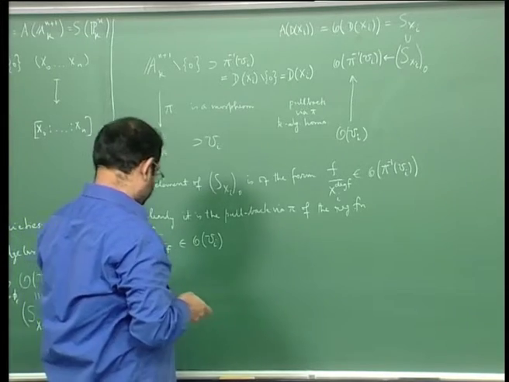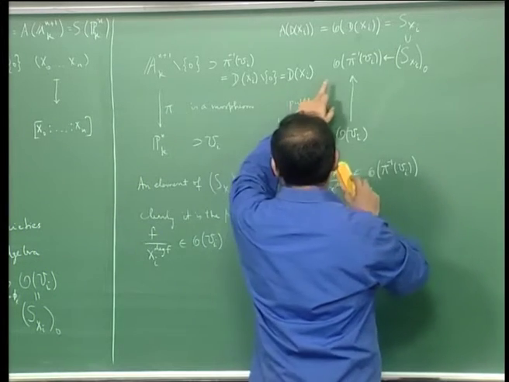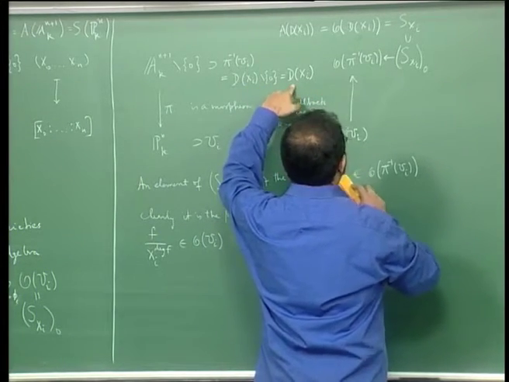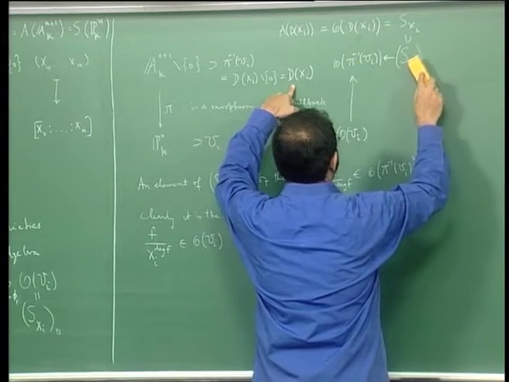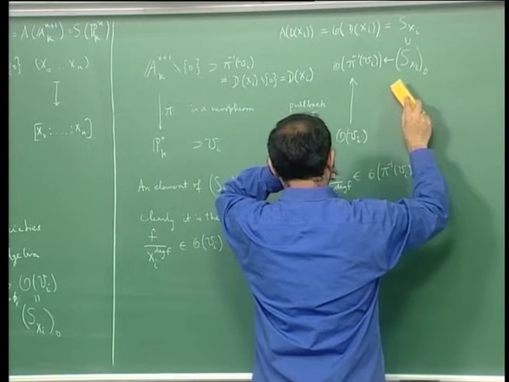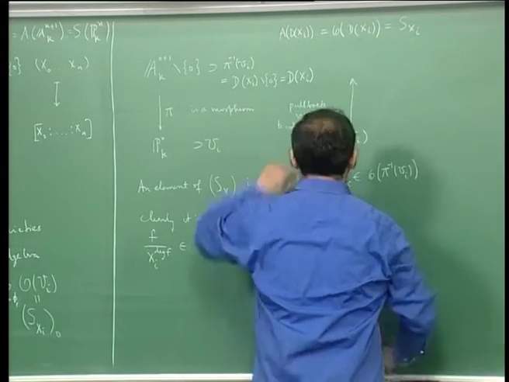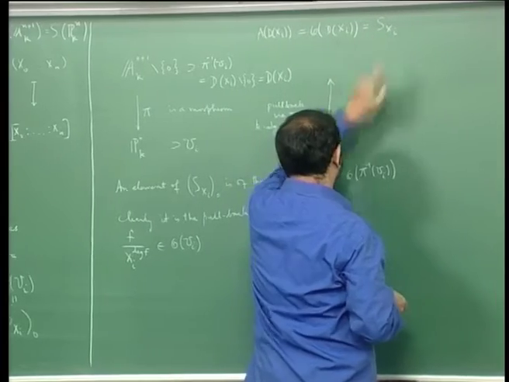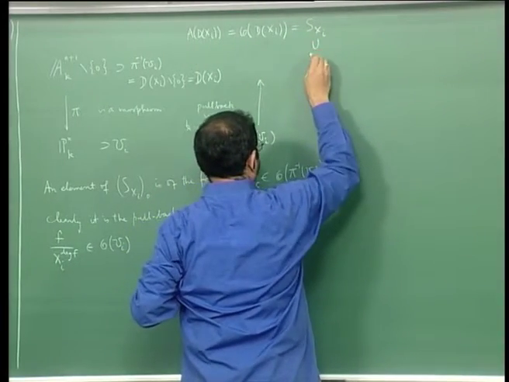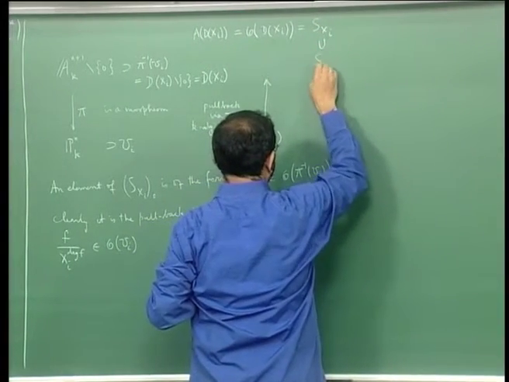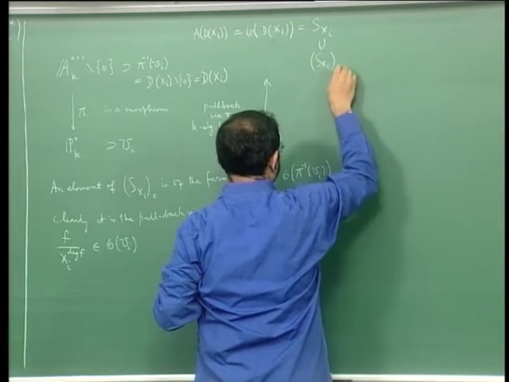And the other thing is, of course, π inverse of Ui is just D(xi), and this D(xi) will of course have affine coordinate ring S_xi, of which, if you consider it as a graded ring, the degree 0 part is S_xi localized at 0.